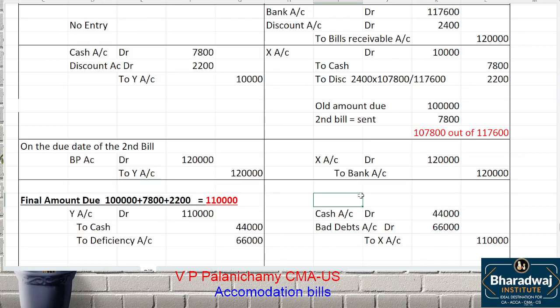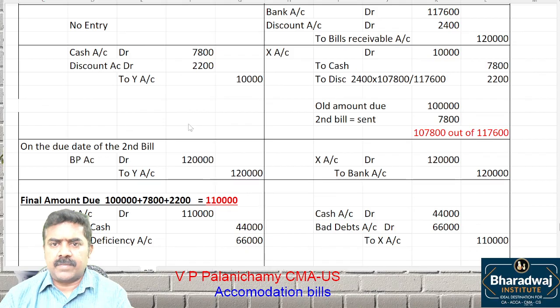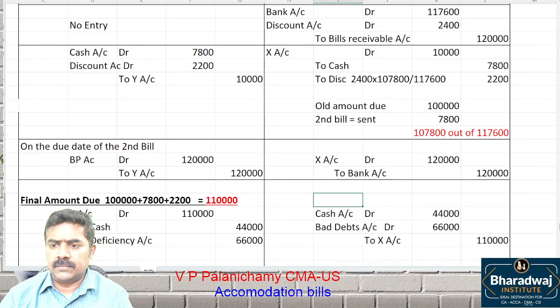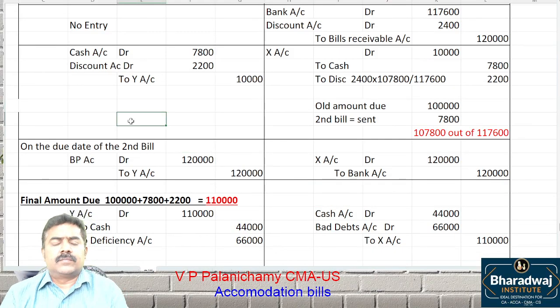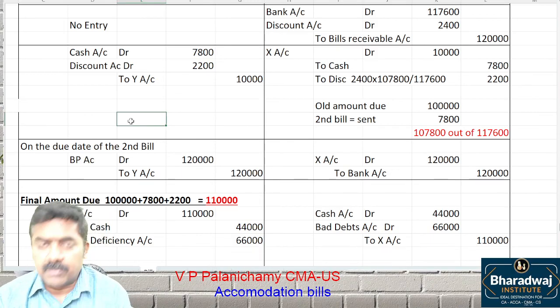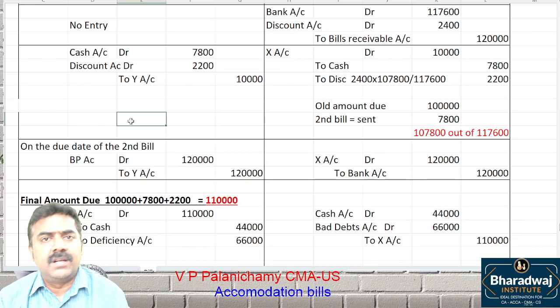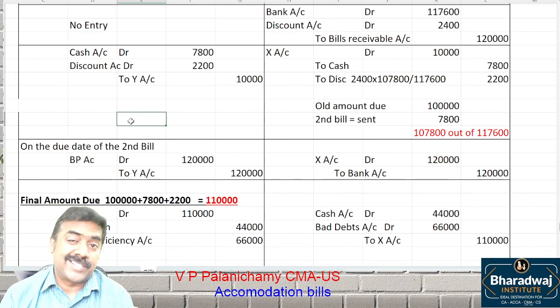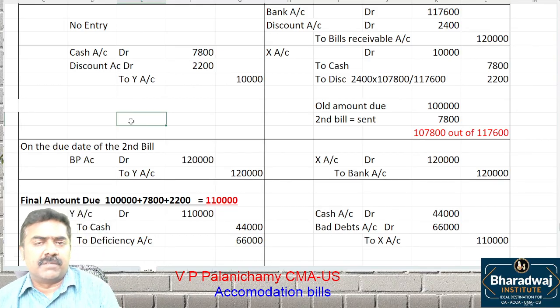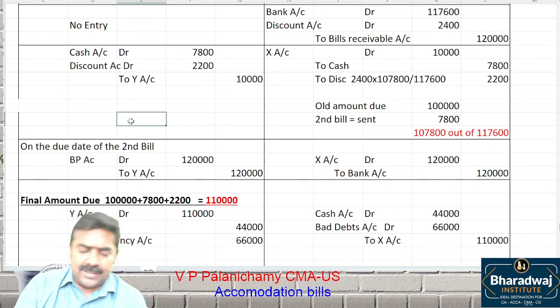So the bills of exchange concept, we have done the basic things like normal bills, discounting of bills, endorsement of bill, sending the bill for collection, extending the time, rebate on bills, then this accommodation bill, rules and calculation of due dates like that. I mean, 100% of bills of exchange is done now.